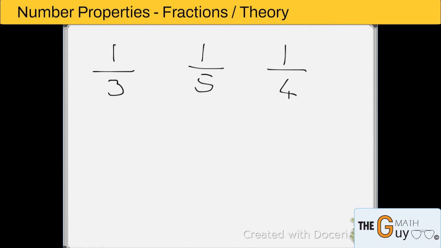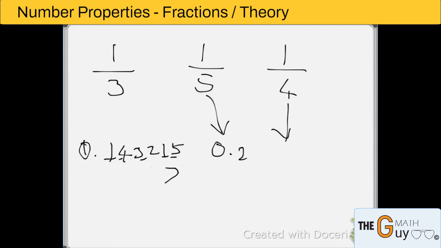So terminating and recurring. Recurring means non-terminating. From a GMAT perspective, anything that goes 0 point and never ends, like 1, 4, 3, 2, 1, 5, blah blah, never ends. 1 over 5 ends. It's a terminating decimal, 0.2. 1 over 4 also terminates. It's 0.25.